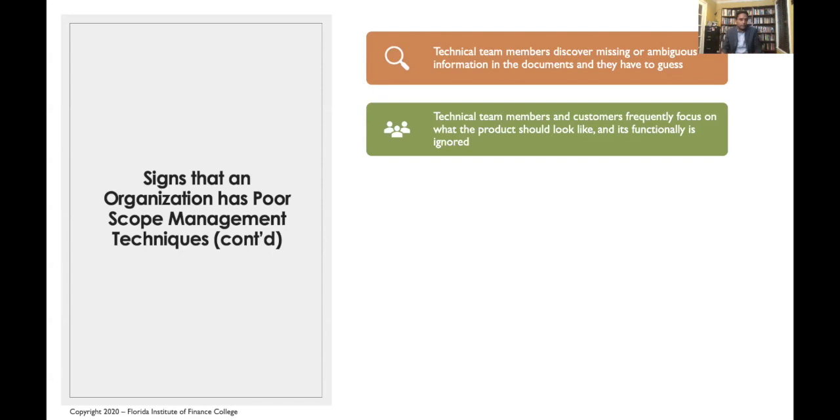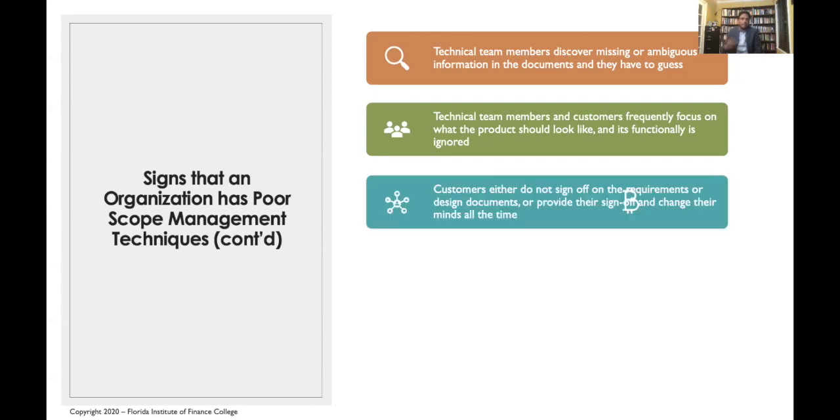So pay attention to that functionality, and of course keep the technical discussion behind the scenes, but the primary purpose of working with your customers is getting their functionality requirements. So that's another sign that your organization's scope management is not mature enough.